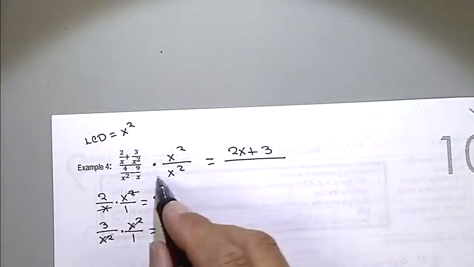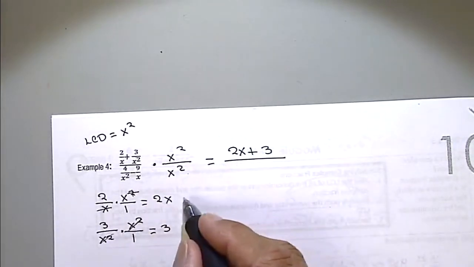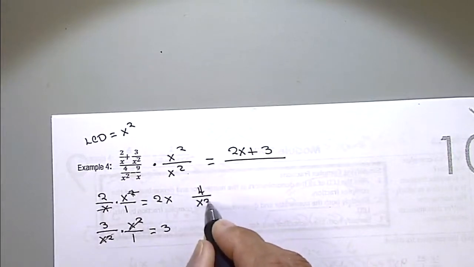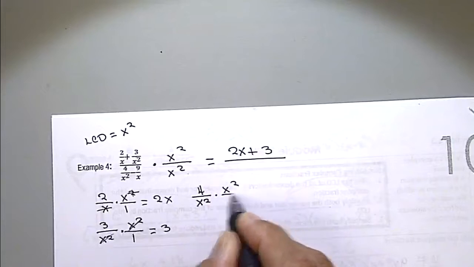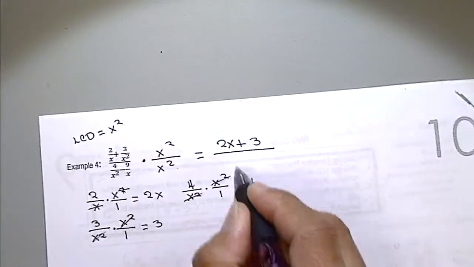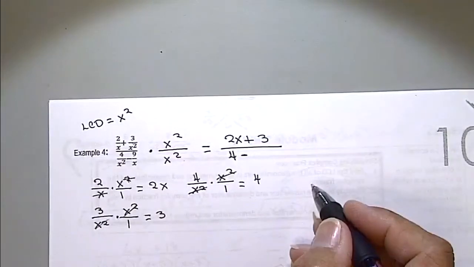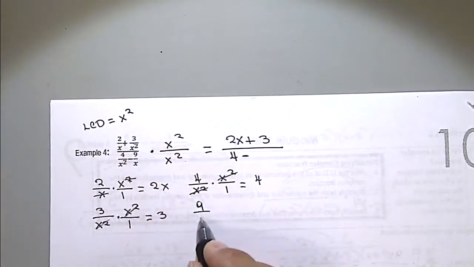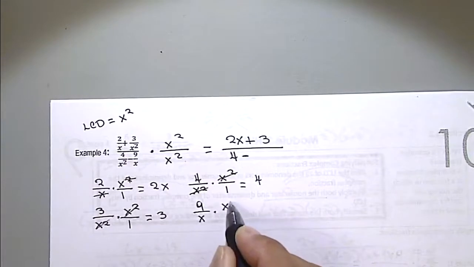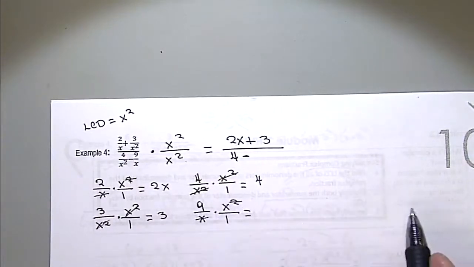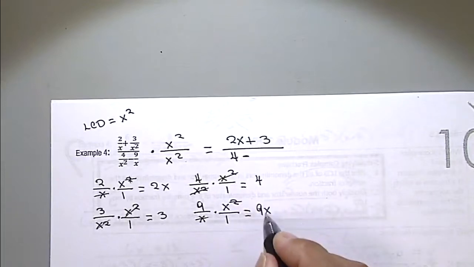Let's do the third fraction. 4 over x squared times x squared over 1. And these two will reduce, and that ends up being just plain old 4. There's the fourth one, and there's a minus in between, so I write it down because I'll forget. And the fourth fraction, 9 over x times x squared over 1, right? And one of the x's canceled, and I end up with 9x.